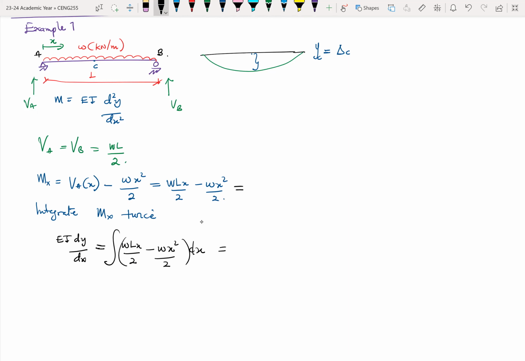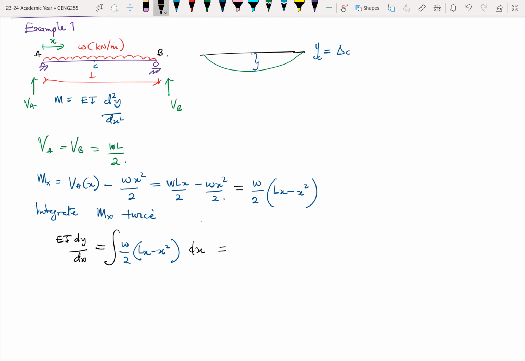Here I can bring W over 2 out, and I'll have LX minus X squared, because W will be a constant. The only variable changing is X. So W over 2, integral of LX minus X squared dx.